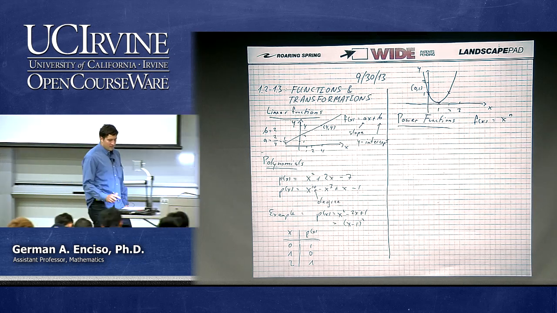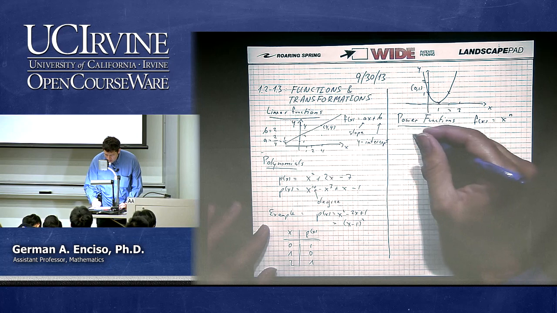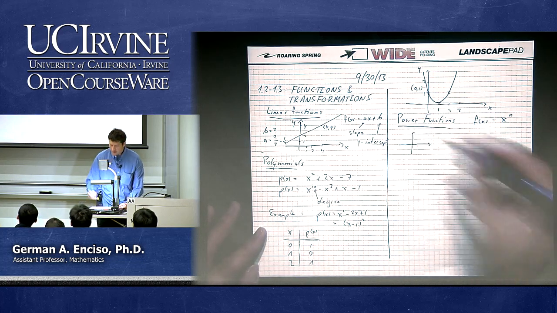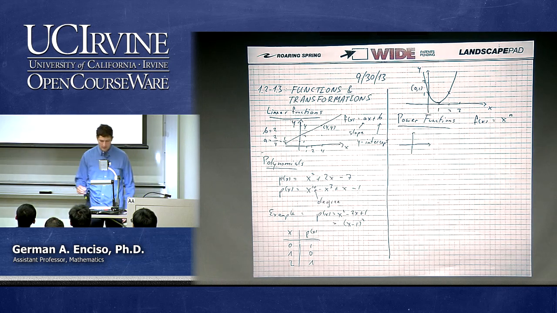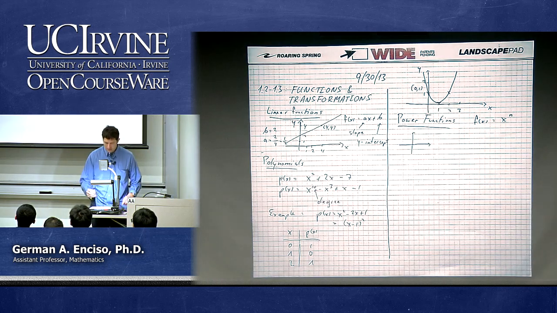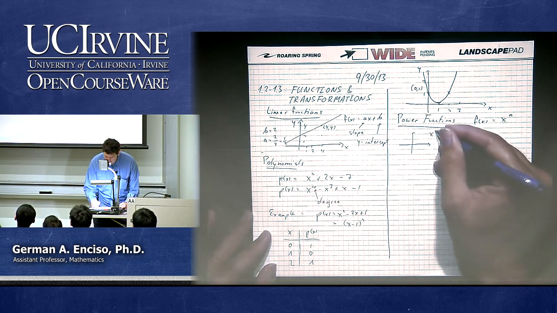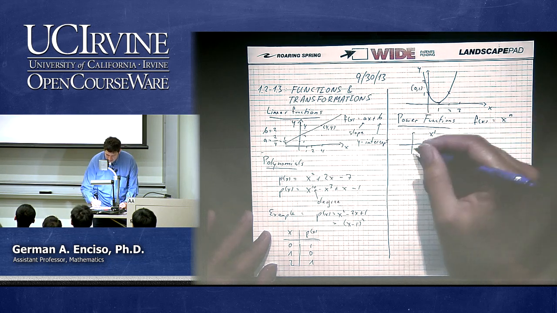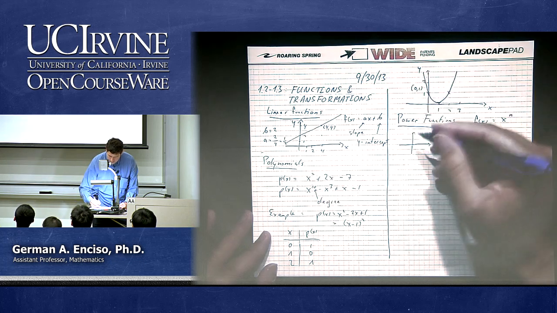What about x to the 1? X to the 1 is just x. It's a line. It's when it's a linear function. That's right.